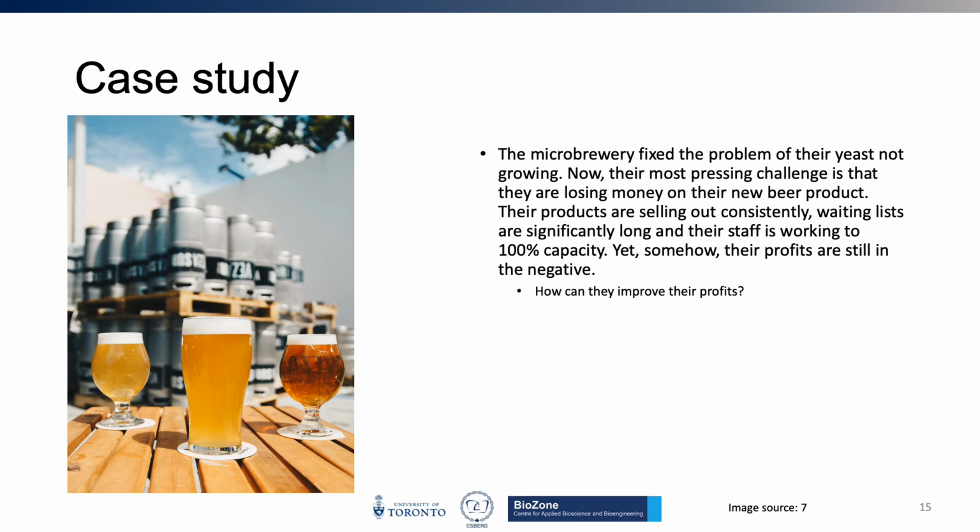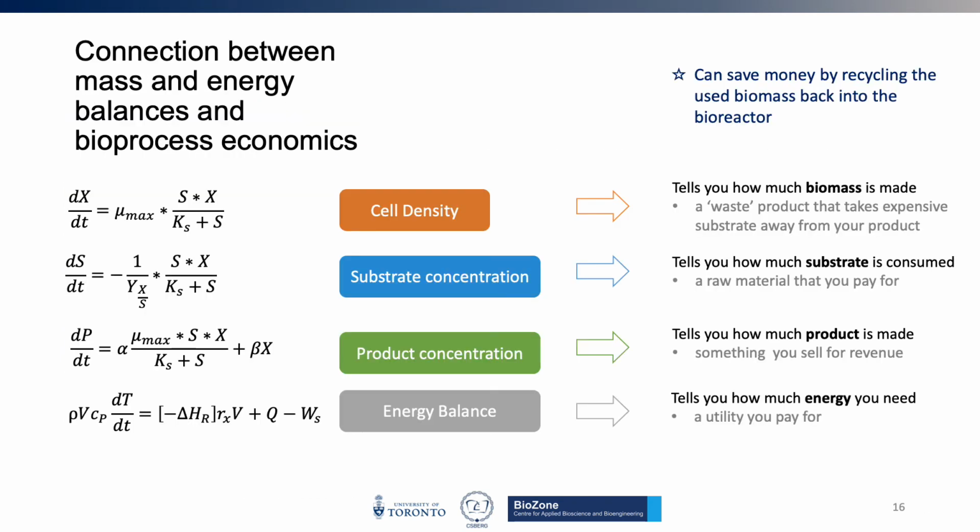And if any of you have taken economics classes, you've seen the supply and demand curve, we know that demand is not a problem here, but they're still not making any money. So one of the most obvious things that you could do is increase the price of your product so you can make more money. And you might be tempted to think about improving the efficiency of the process, but as you can see from this case study, that doesn't seem to be a problem here. So that's where I was trying to go with this.